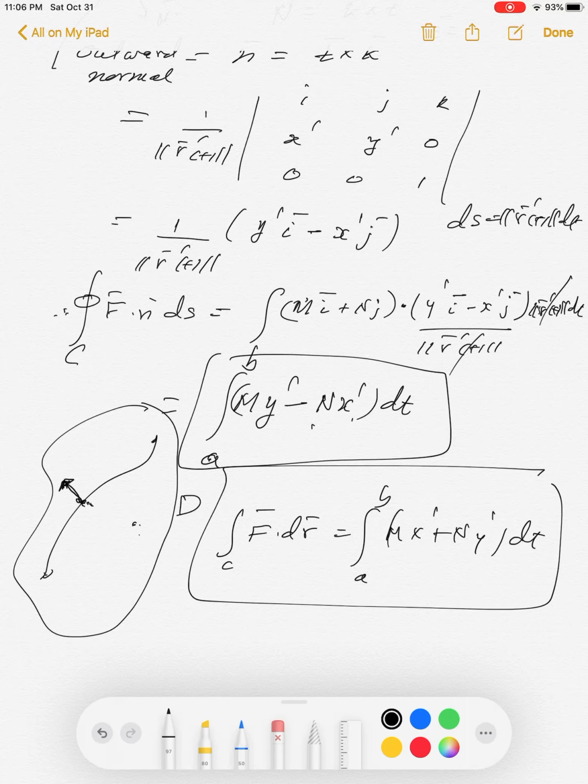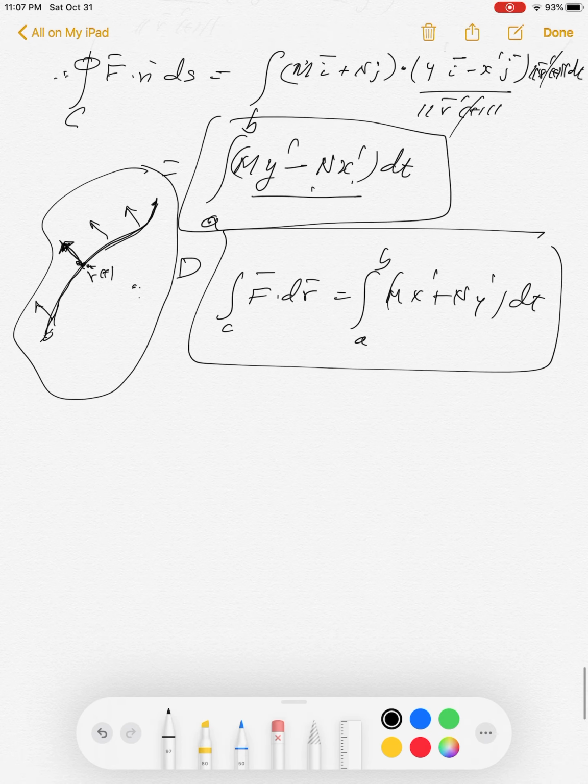And the flux integral, in physics, has a meaning. If you think of this as a fluid, it's the fluid oozing out in the normal direction at the point r bar t. That's this quantity, and you are integrating it over the entire curve. That means if you think of this as a turbulent fluid, this is the flux in the perpendicular direction, the fluid passing through this curve to the other side.